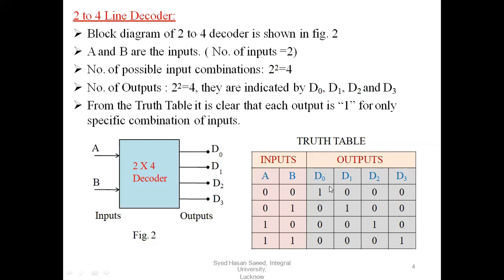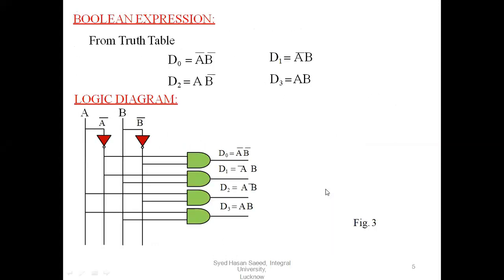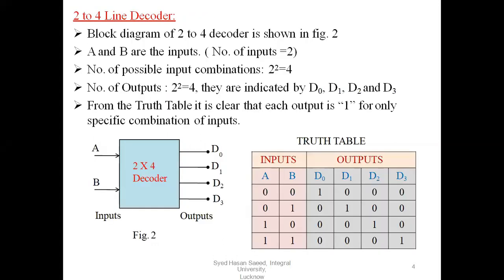For the outputs, we place 1 at one position only, and the remaining positions are all 0. For the combination 00, only D0 is 1, and the remaining are zeros.